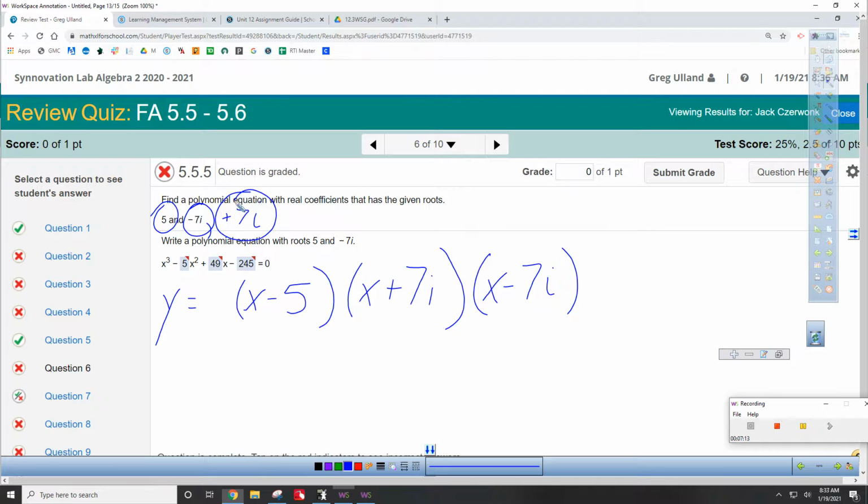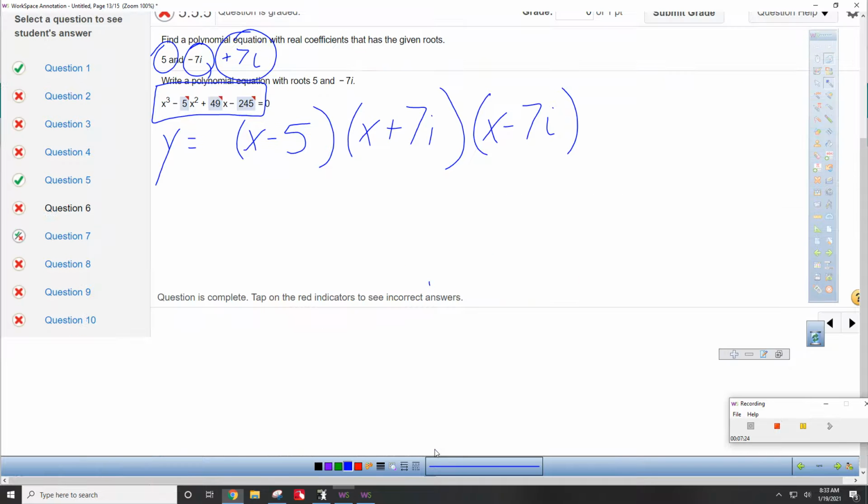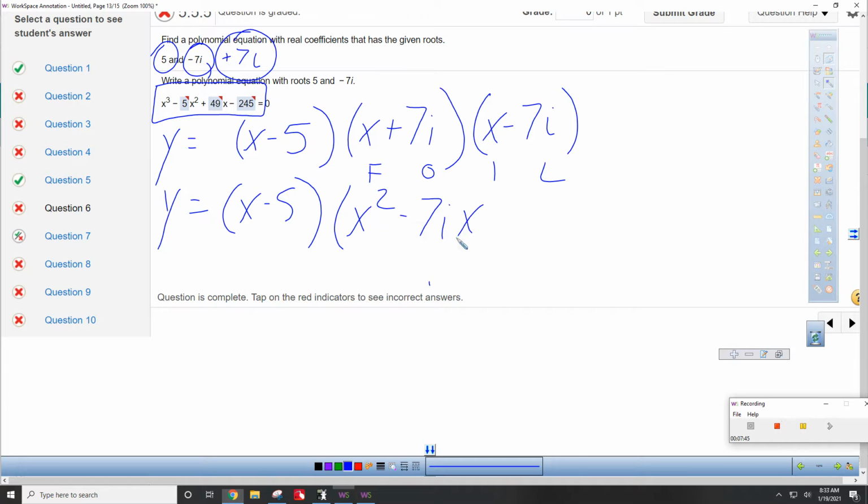Now, they want us to write it in this form, which means I've got to FOIL. Okay? So, I'm going to leave this, and I'm going to FOIL these. FOIL stands for first, outside, inside, last. So first, x times x, that's x squared. Outside, x times negative 7i, that's negative 7ix. Inside, positive 7ix.